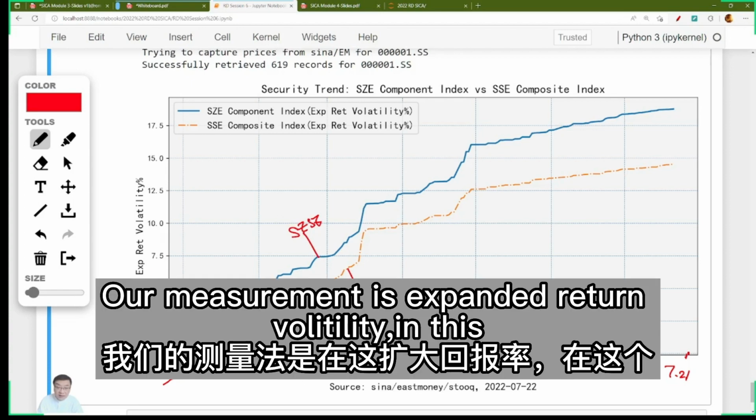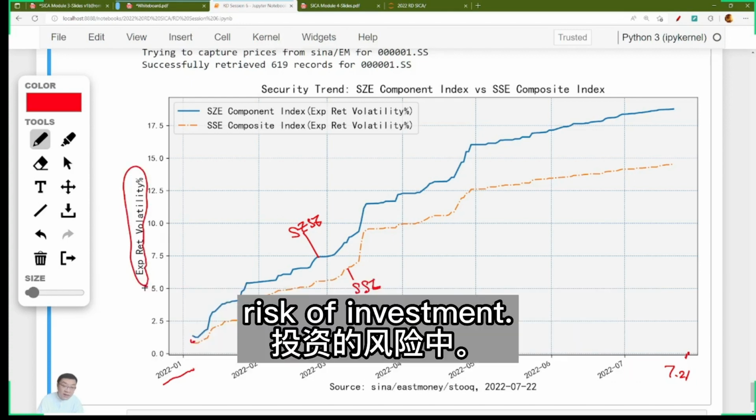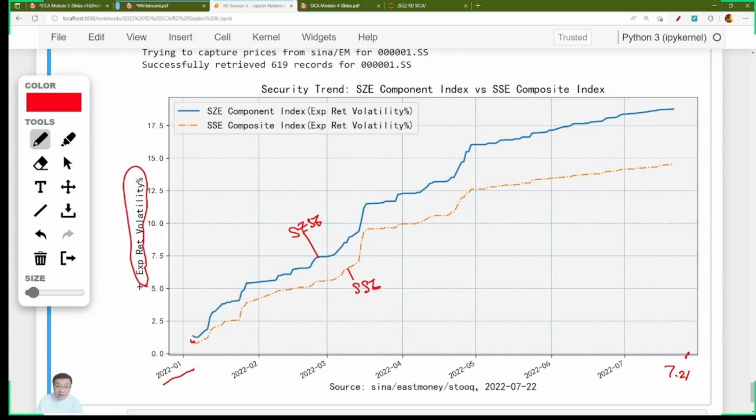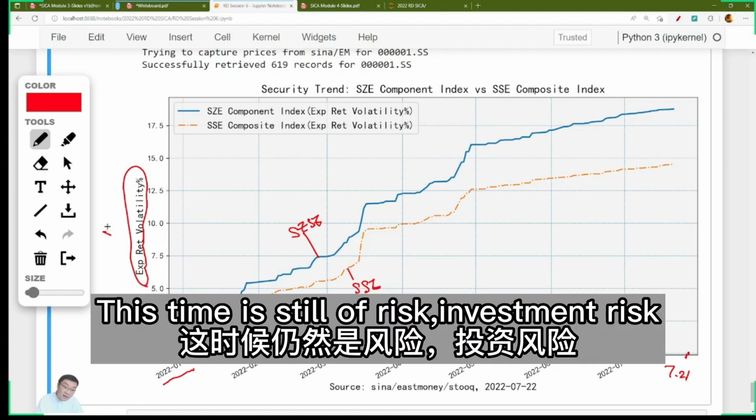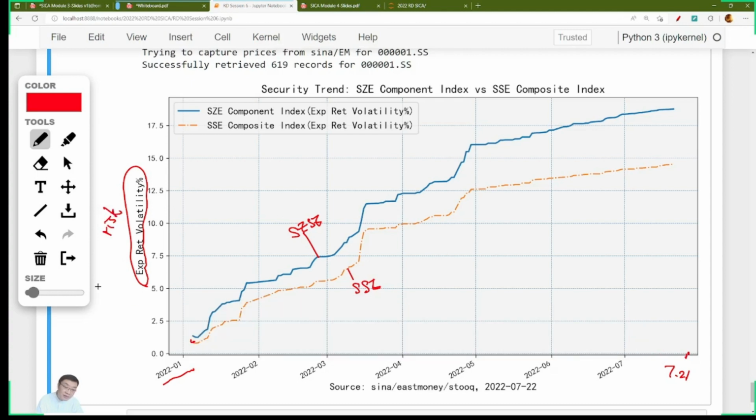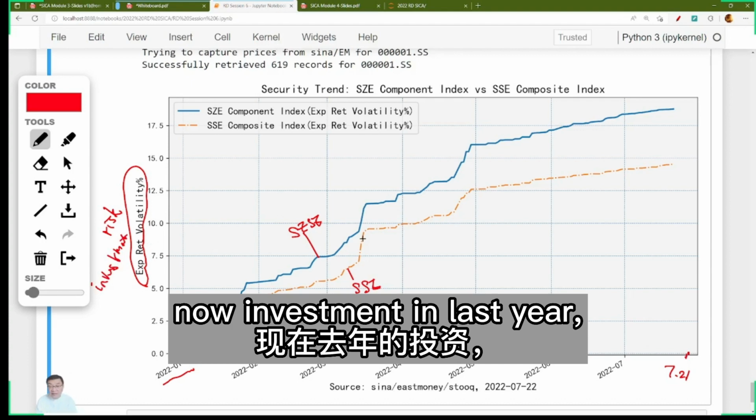Our measurement is expanded return volatility, meaning risk of investment. Okay, this time is still of risk, investment risk. Not investment loss yet.